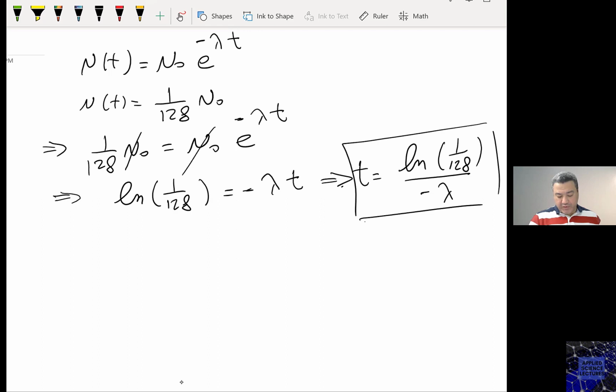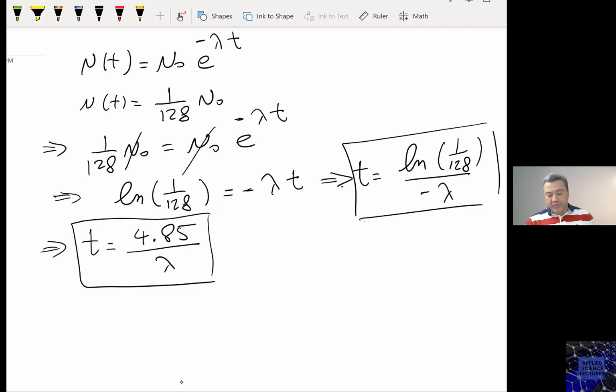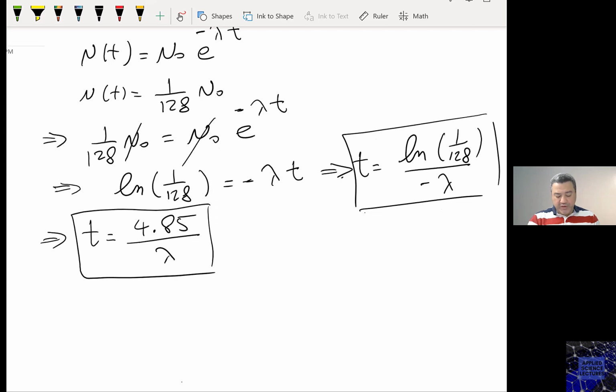So if we calculate this, it is going to give me t equals 4.85 divided by lambda, because the natural logarithm of 1 over 128 is going to be minus, then the minus is going to cancel. This will be the time.